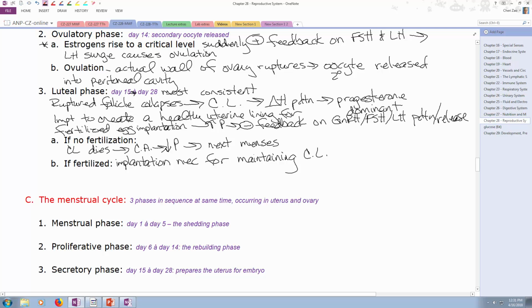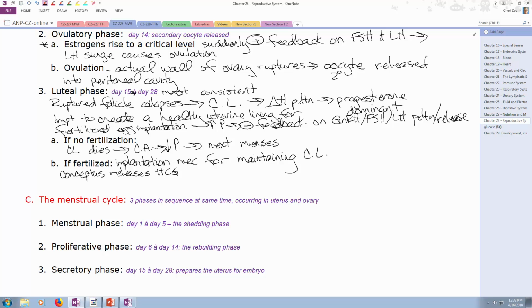So fertilization and then successful implantation must occur to keep that corpus luteum, because then the conceptus releases HCG, human chorionic gonadotropin. That's what actually is measured in those urine pregnancy tests, that level. And it's only released by a successfully implanted zygote or conceptus.